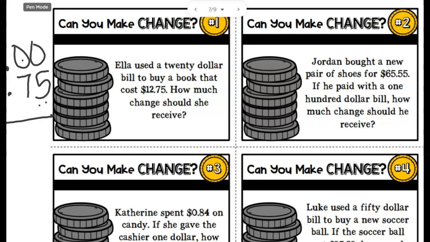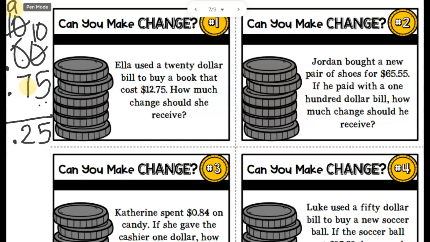Now I still can't subtract 0 minus 5, so I need to borrow 1 from here, add 10 more, do the same thing, borrow 1 from here, and add 10 more. What is 10 minus 5? That's 5. And 9 minus 7 is 2. 9 minus 2 is 7.